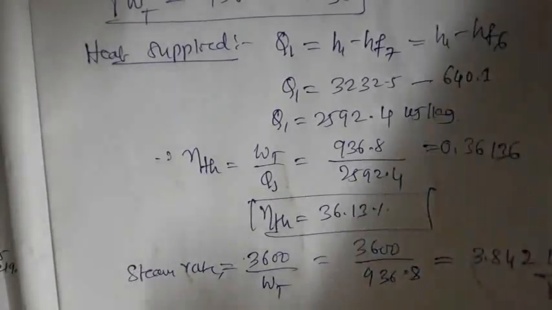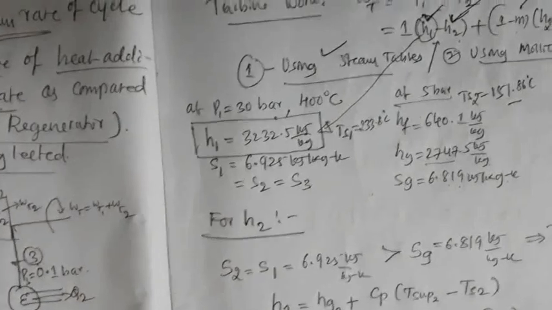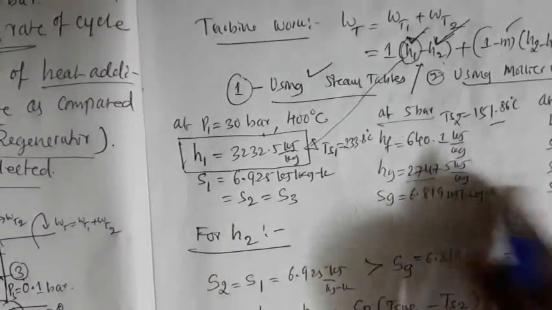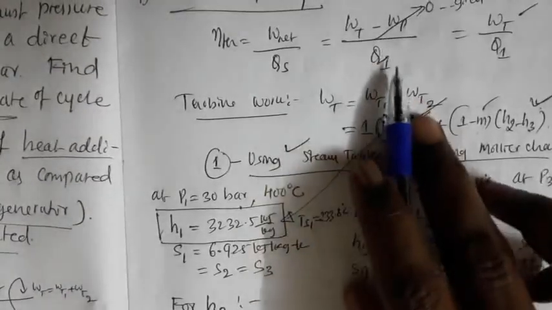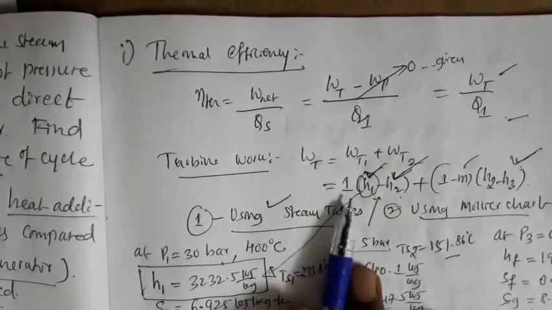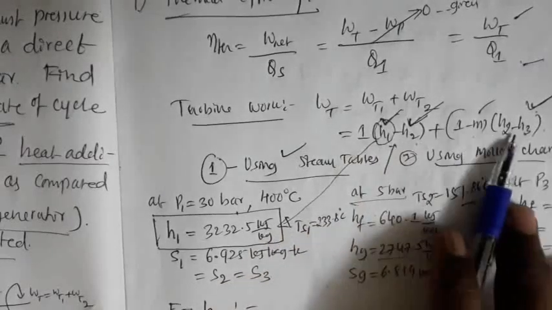So let's have a quick review. In the problem statement we were supposed to calculate thermal efficiency and we knew this formula, and against this we wrote the turbine work formula, wherein H1, H2, H3 were unknown.